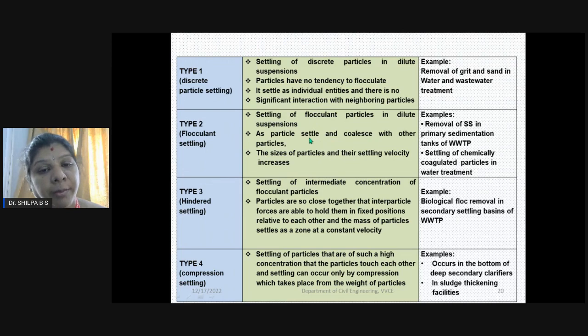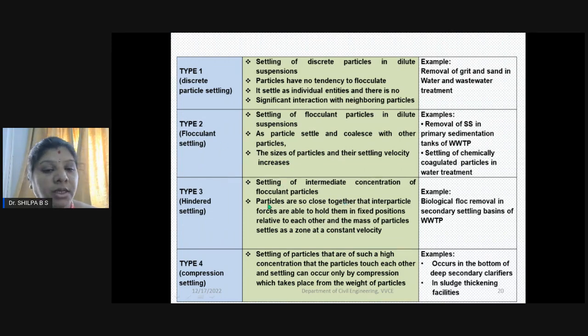Next, type 2: the settling of flocculent particles in a dilute suspension happens here. As the particles settle, they coalesce, meaning they get attached to each other, and the size of the particles and the settling velocity increase. A bit of an increase can be observed in this second type of settling.